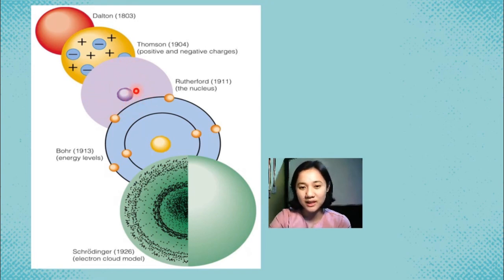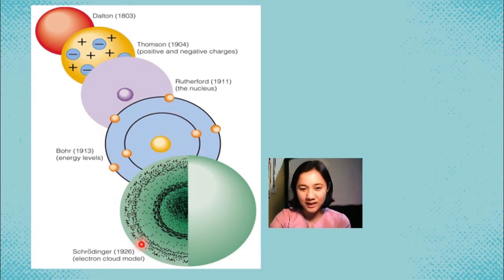And then, Niels Bohr, he believed that atoms behave like the solar system. So, yung mga subatomic particles natin can be compared to the solar system, wherein the nucleus is the central part, and yung mga electrons, they are moving around the nucleus.